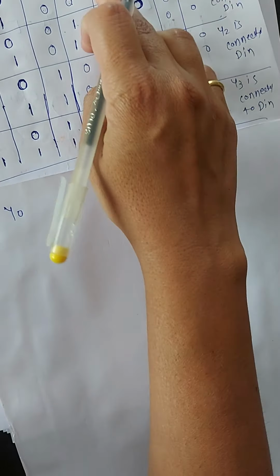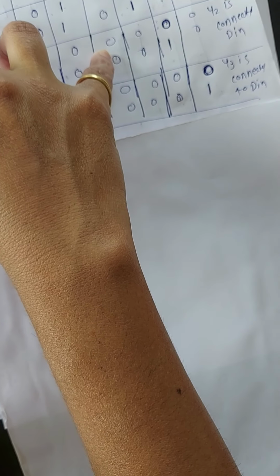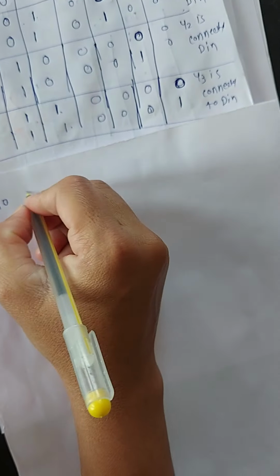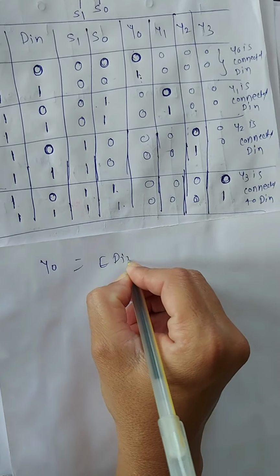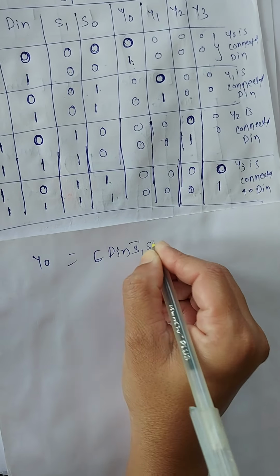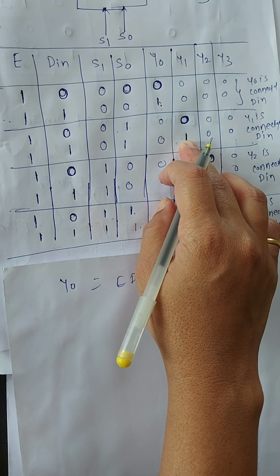So Y0 is 1 here. For that Y0, you have to take the inputs E, D in 1, and S1 and S0 are 0, 0, so S1 bar, S0 bar. This is Y0. Here Y1 is 1.